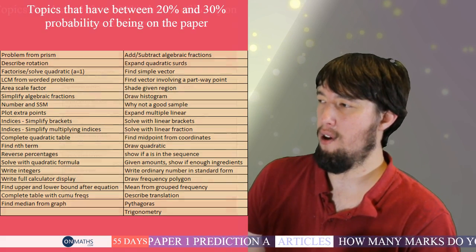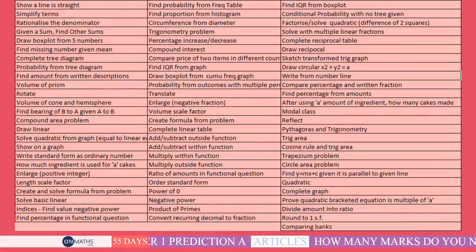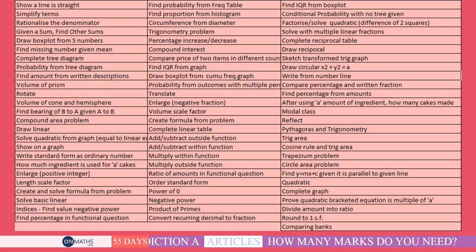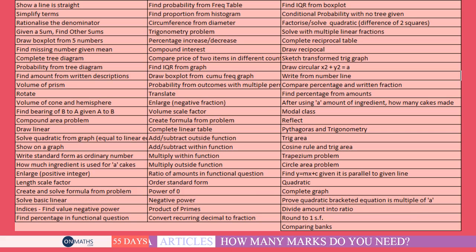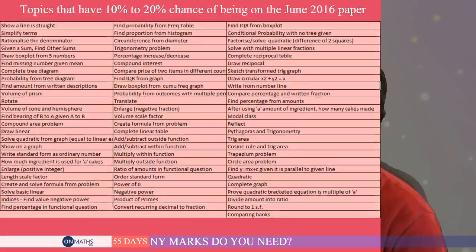And then we've got the 10 to 20% chance topics. Now, I've not gone any further than that because there's just too many topics to put on the screen. But you can see, these are the topics worth revising, obviously, but make sure you prioritise and make sure you do the other topics first. But I can remember an awful lot of questions on an awful lot of these topics.